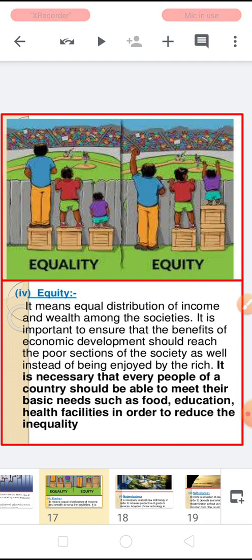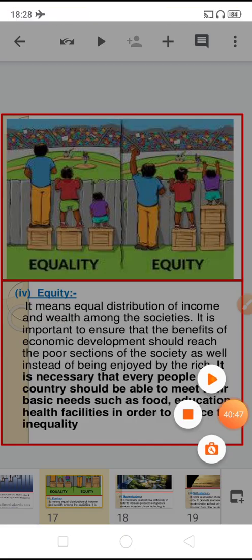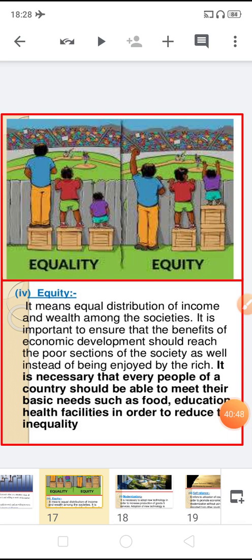Next we have equity and equality. So, children, in equity and equality, the objectives of growth, modernization, and self-reliance by themselves may not improve the kind of life people are living.